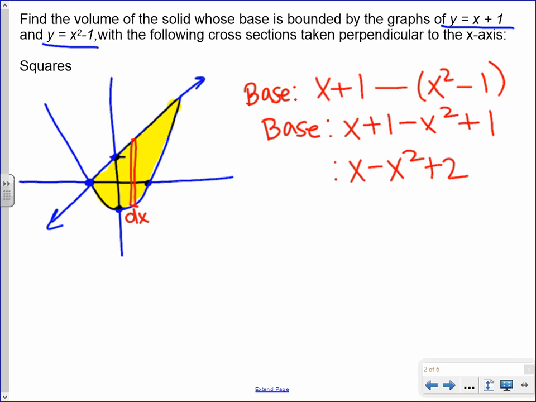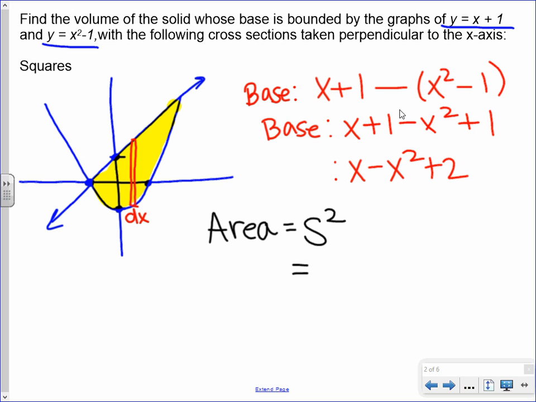Now, that's the base for our cross section. And in this case, our cross section is a square. How do you find the area of a square? The area of a square is just side times side, right? So the area of a square is side squared.